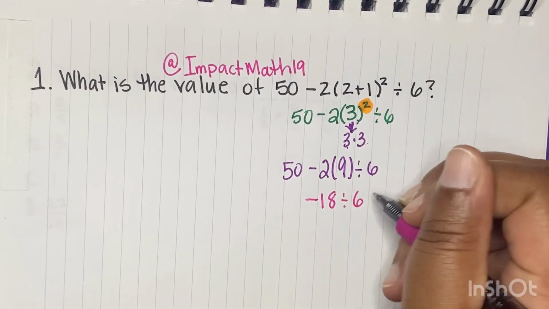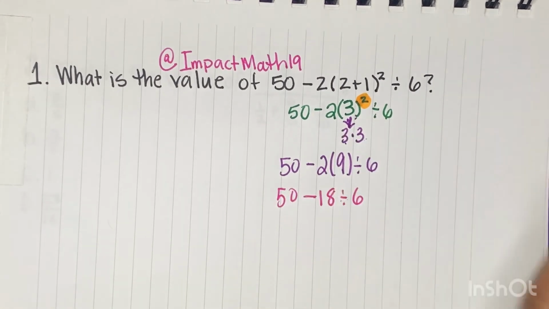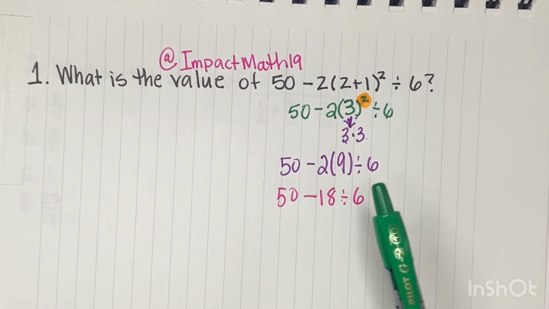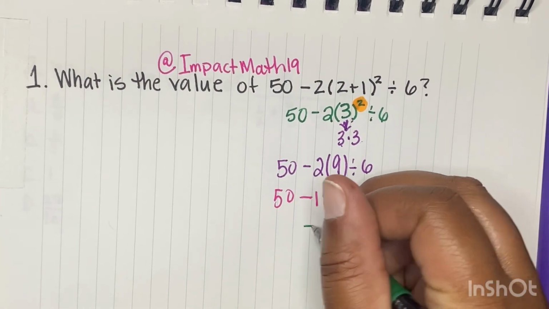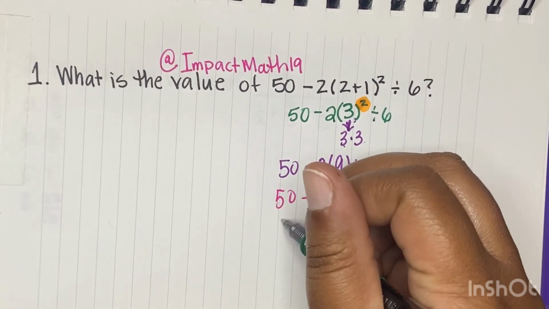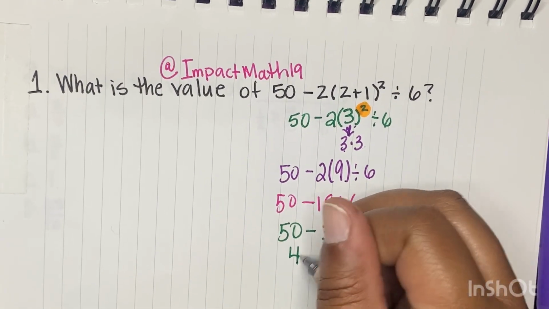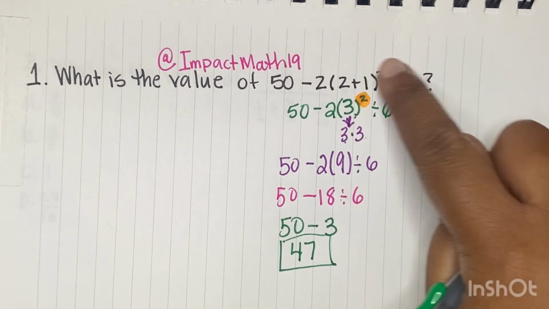And we're going to drop down that division of 6 and the 50. And then division comes before subtracting. So we're going to divide. 18 divided by 6 is going to give us negative 3. Drop down your 50. 50 minus 3 gets us 47. And that is the value of this expression.